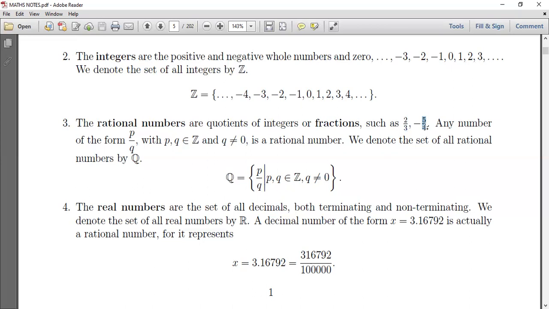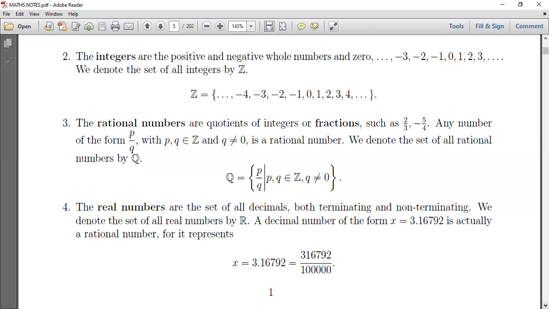They are all rational numbers. As long as the numerator and the denominator are elements of integers and the denominator is not 0, then that number is a rational number. But can you see that all integers are rational numbers? Okay, so all integers are rational numbers.